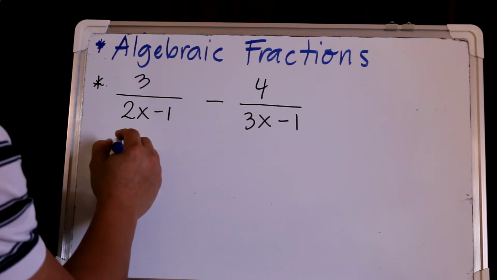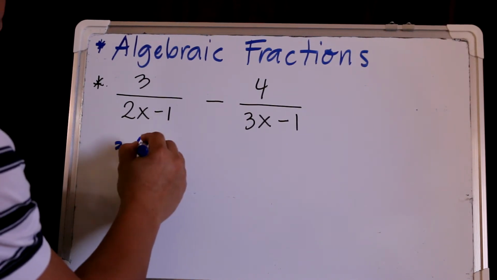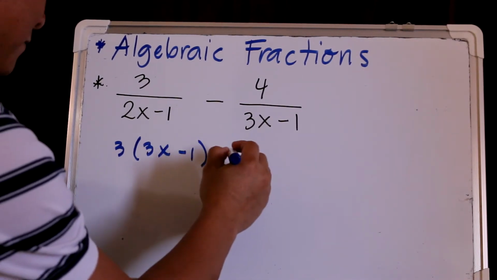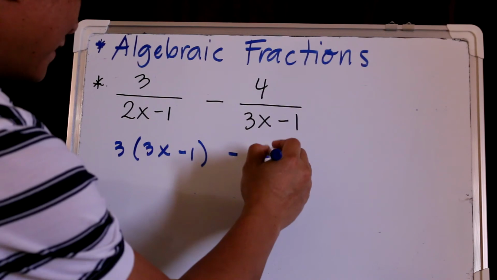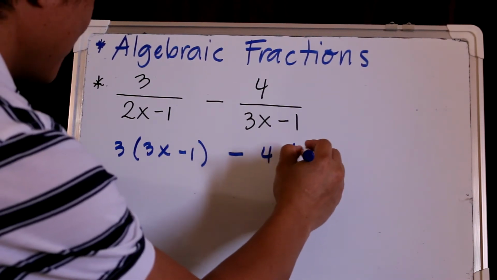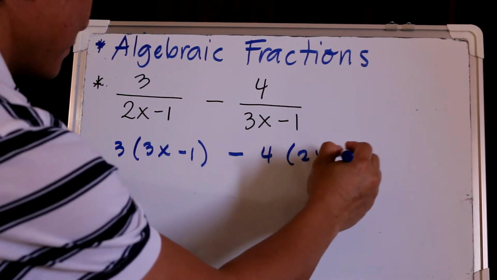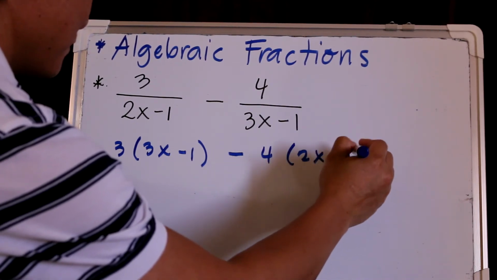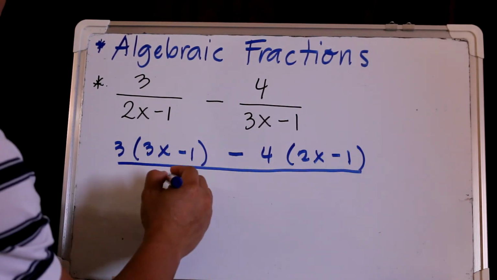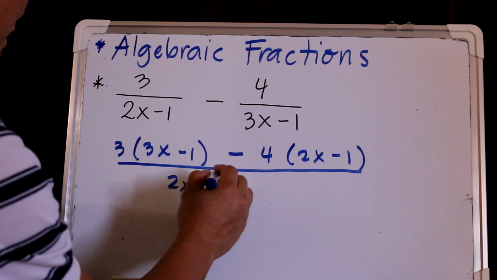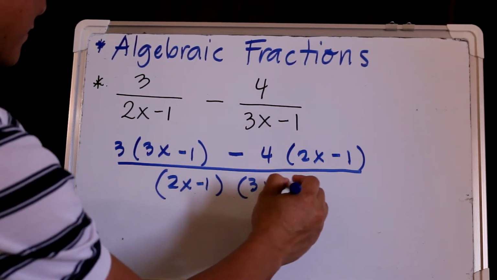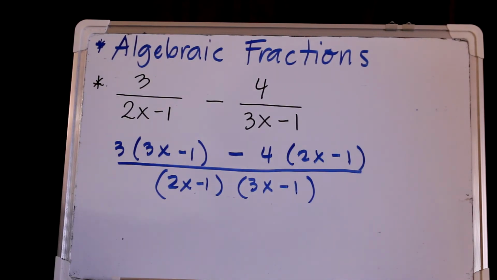So the answer here will be 3 times (3x minus 1) minus 4 times (2x minus 1), over, you're just going to write (2x minus 1) and then (3x minus 1).